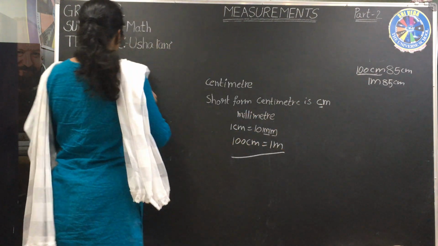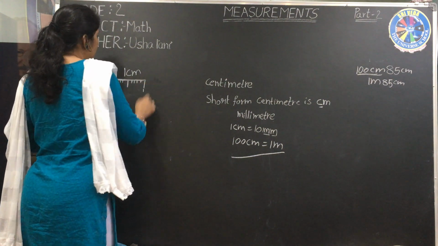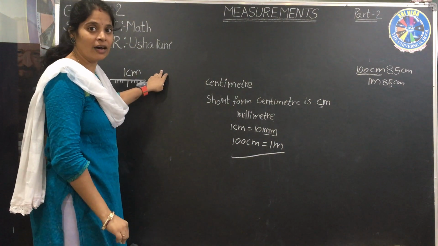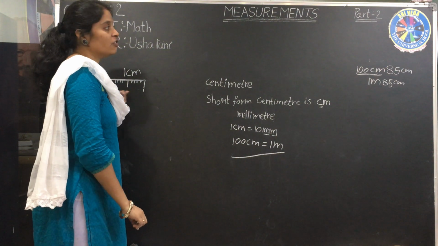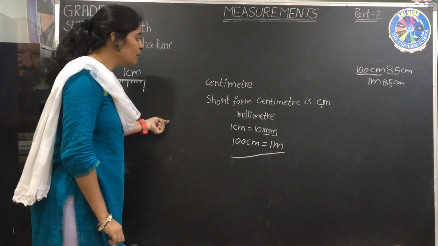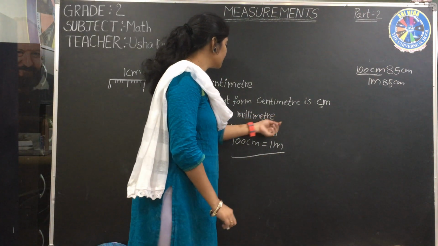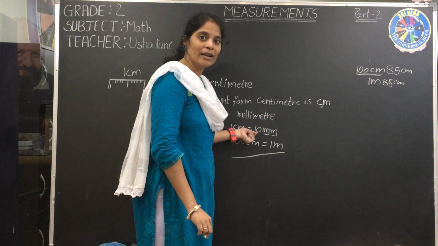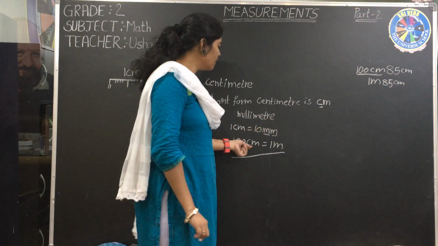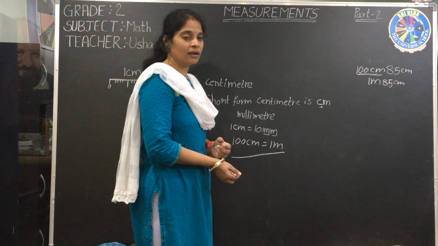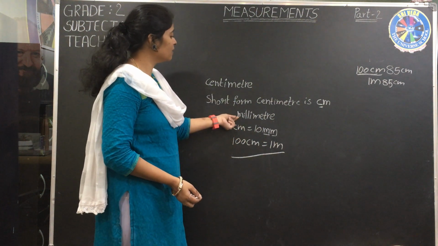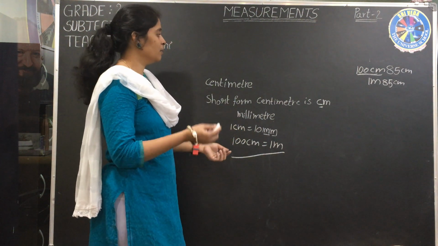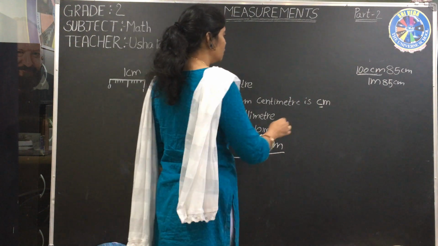The distance between one number and another on the ruler is 1 centimeter. The small lines between these two numbers are called millimeters. So 1 centimeter equals 10 millimeters and 100 centimeters equals 1 meter.